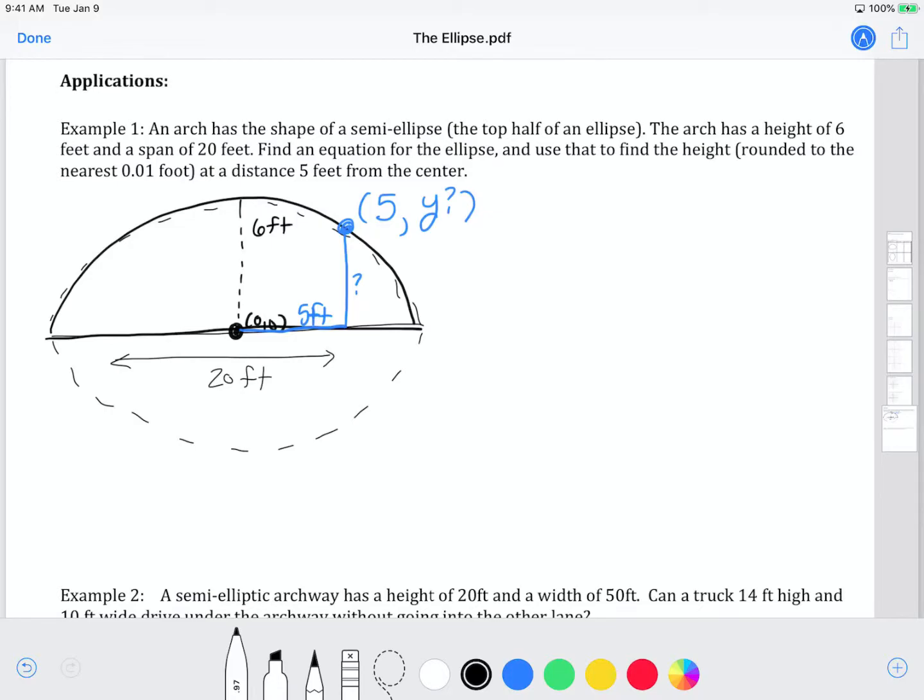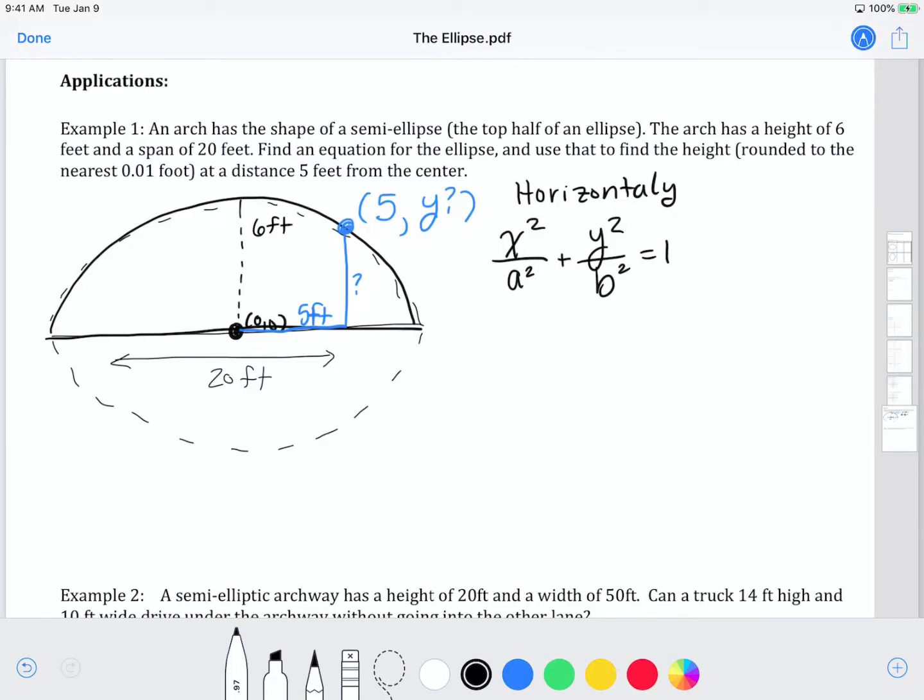So this is going to run horizontally, which means our equation is going to be x squared over a squared plus y squared over b squared is equal to 1. So we need to figure out what our a and b values are.